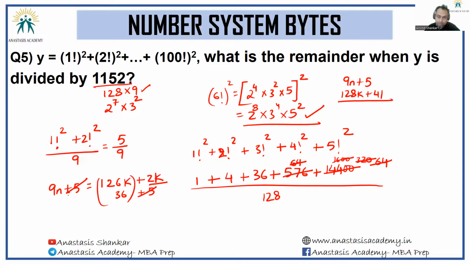If 2k has to be a multiple of 9, k has to be 9 itself, or it has to be 0 itself. So the smallest such number would be 41 itself. If k is put in as 0, I get a number which is 9n plus 5 and also 128k plus 41 sort of number. So the answer to the question has to be 41 itself.